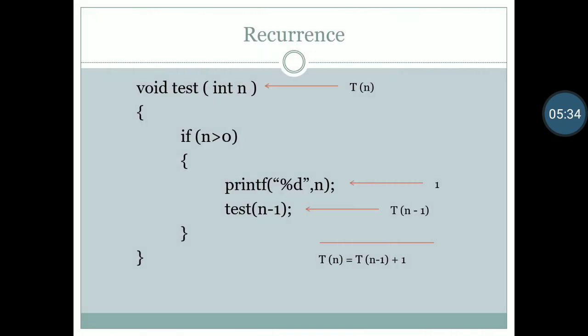Now for solving this type of relation, in this relation T(n) we will have two solutions. T(n) = T(n minus 1) + 1 holds only for the condition n greater than 0, and the other solution is 1 when n is equal to 0. How?